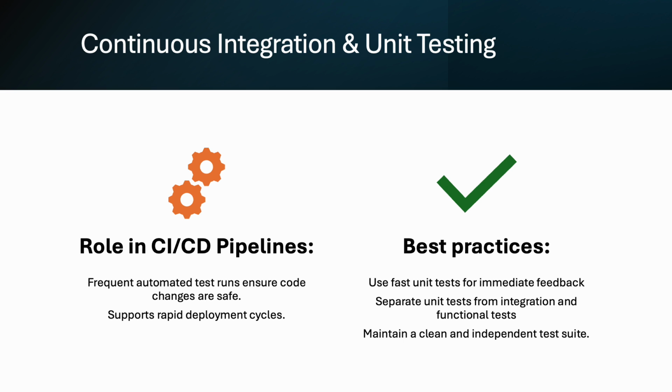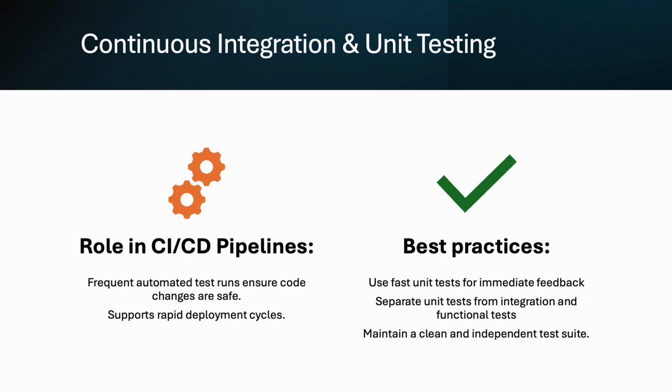They run frequent automated tests to ensure code changes are safe, and they support rapid deployment cycles. For example, a CI tool like GitHub Actions triggers test suites after every commit. If a test fails, the programmer will know exactly what went wrong before merging to the main branch.